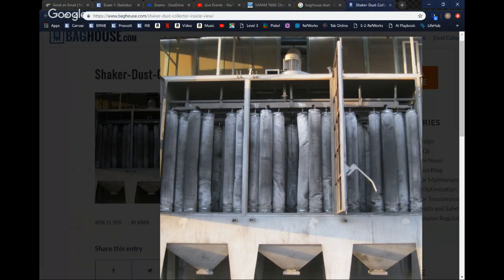This is filtration. It's just filtering the dust out, so it works the same way, a similar concept to any filter. And you see these little collection bins down here. Sometimes they'll get really overloaded and the dust just doesn't adhere to the side, so it'll fall out and get captured into bins.